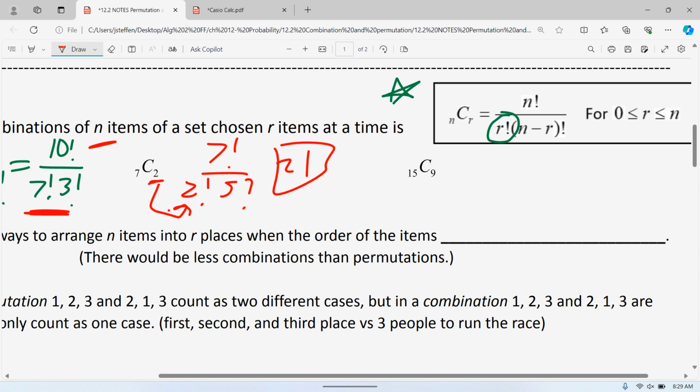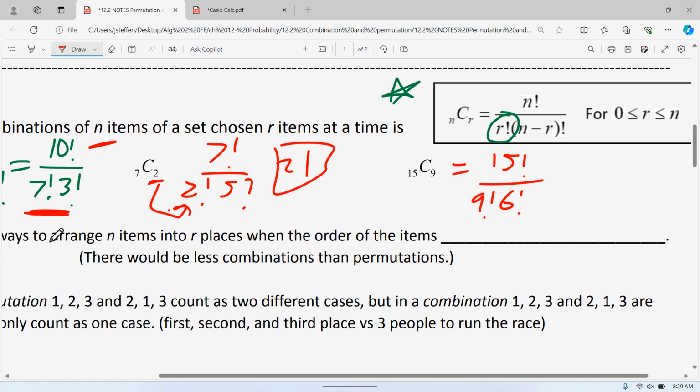Next one, 15 combination 9. Again, for me personally, I do 15 factorial, and then the denominator, I know it's going to be 9 factorial, and then 9 plus what gives me 15? I know it's got to be 6. You do not have to do it that way. You can still take 15 minus 9. That's fine. Again, as long as you know that to double check, I think that helps.